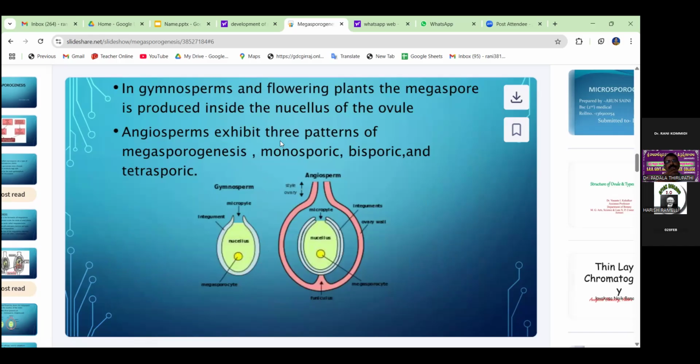The angiosperms can exhibit 3 patterns of megasporogenesis. The first is monosporic, the second is bisporic, and the third is tetrasporic. So monosporic development, bisporic development and tetrasporic development.